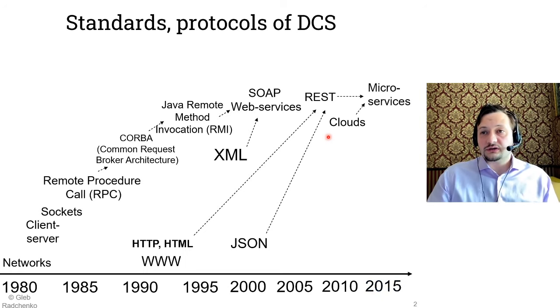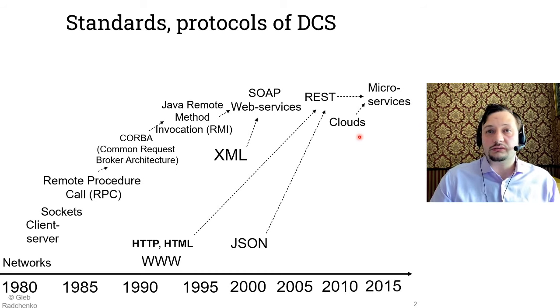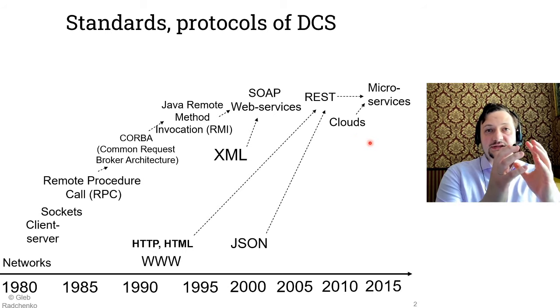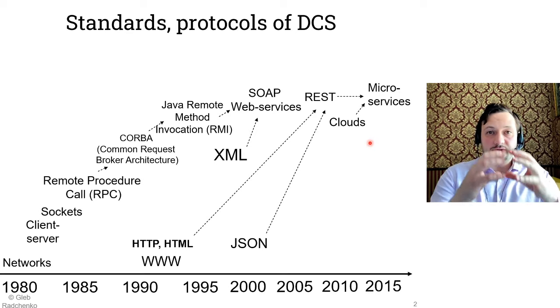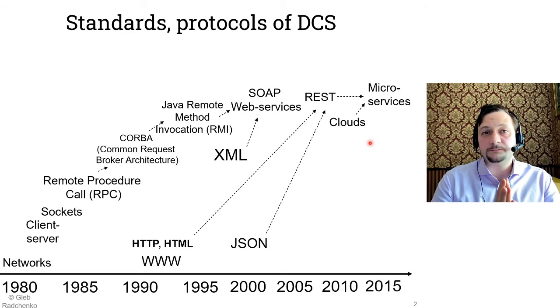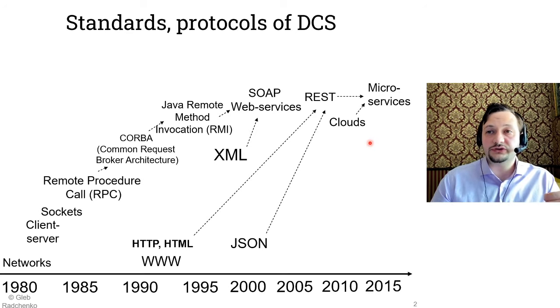And because cloud infrastructures arrived, a lot of systems started to be more finely granulated into very, very small services that work with each other using this infrastructure provided by the clouds.